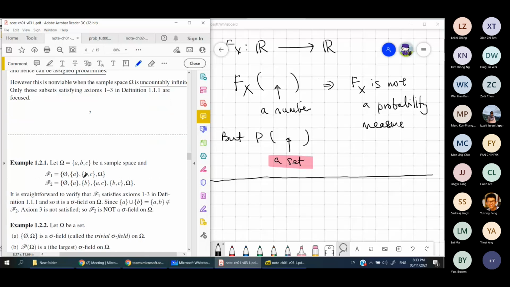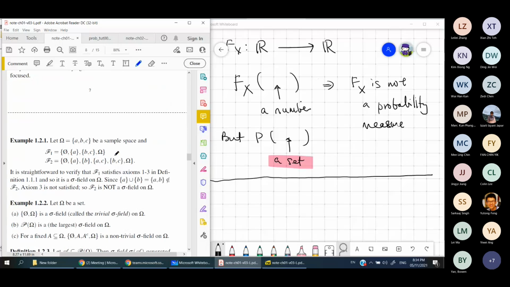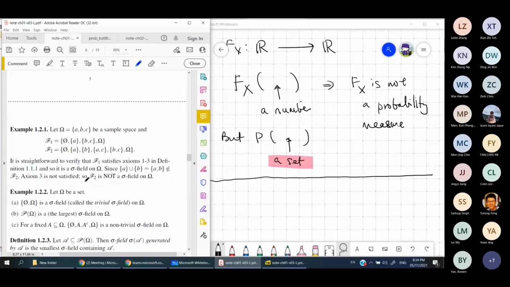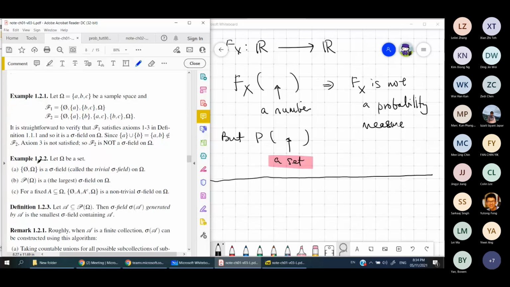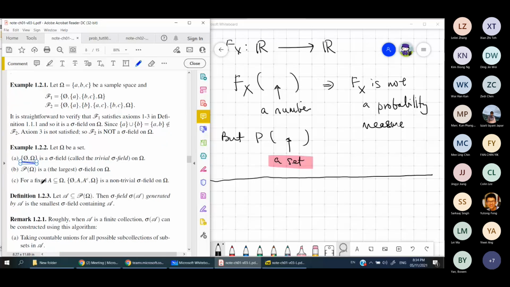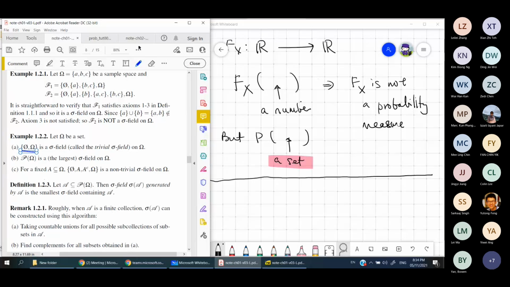Again, I think I have discussed this already. This is the example of something that is a sigma field and something that is not a sigma field. I have also discussed this example. The smallest sigma field is the trivial one, {∅, Ω}, and the power set is the largest sigma field. And we also have some other kinds of sigma fields.